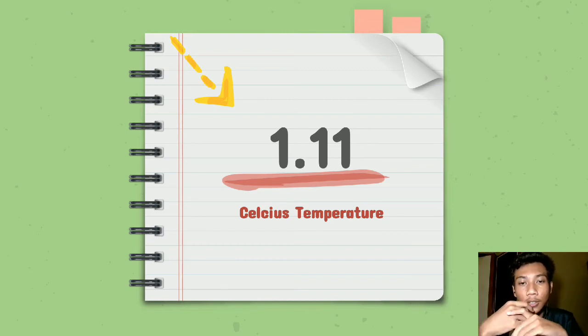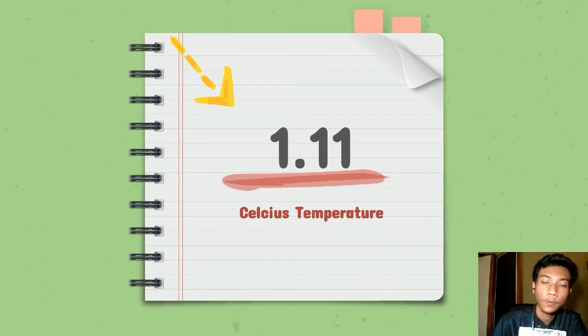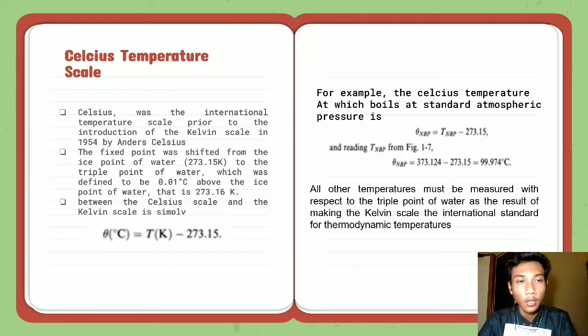The next section is 1.11, Celsius temperature. The Celsius scale was the international temperature scale prior to the introduction of the Kelvin scale in 1954, by Anders Celsius.